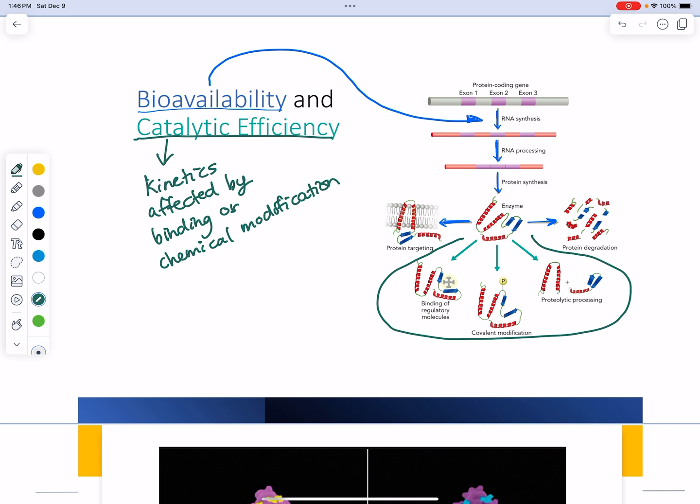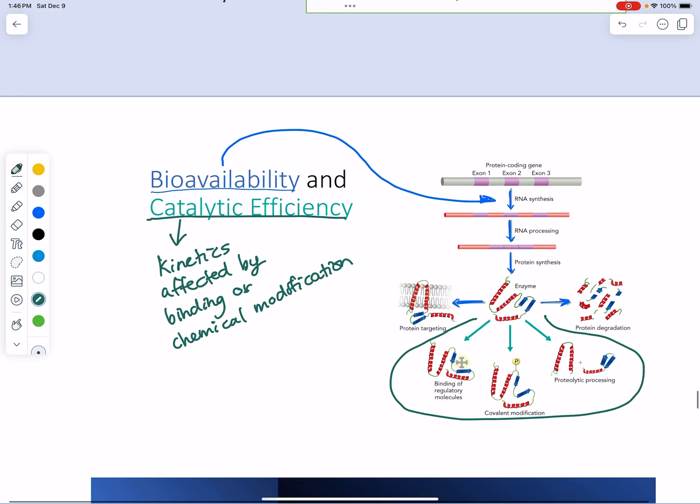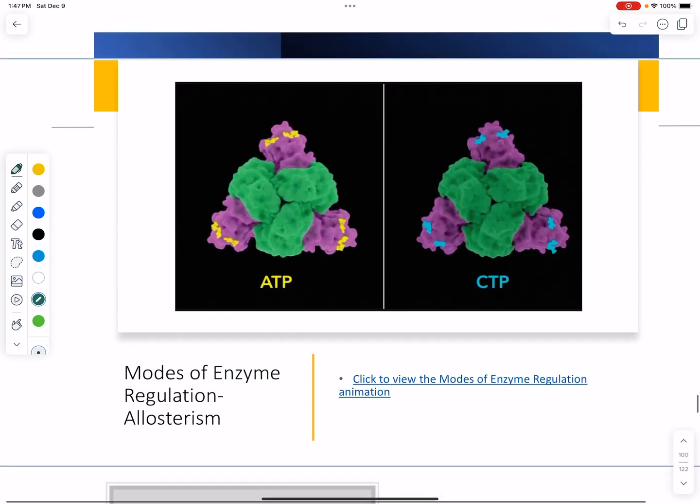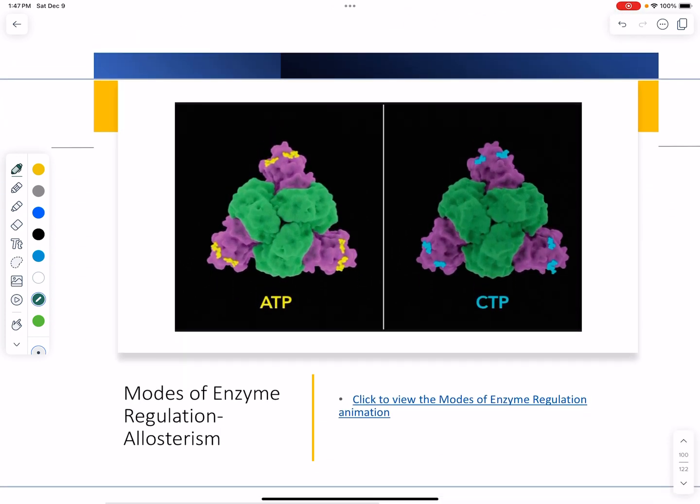So now we're going to be a little more specific about those catalytic efficiency means of regulation. I introduced ATCase to you in class. Again, the quaternary structure of this enzyme is that it has catalytic subunits and regulatory subunits.